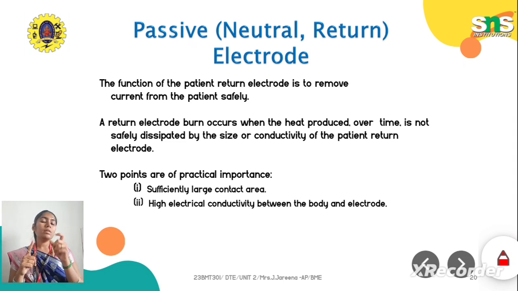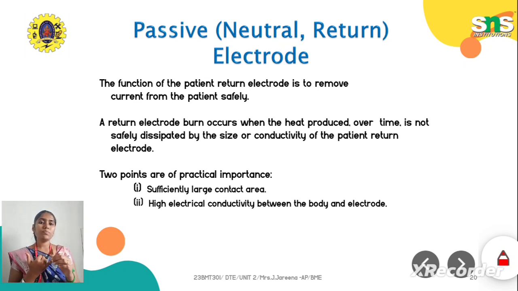Similarly, if you see the passive electrode, there are certain things you have to consider when designing, because this is going to remove the current being distributed in the body from the patient, so that we can give good patient safety. That is, we can enhance the patient safety in this ESU unit. So what are the considerations for designing this passive electrode?